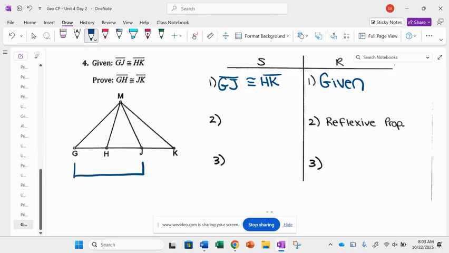So GJ is congruent to HK. Now I'm going to highlight what we want to prove. We want to prove that GH and JK are congruent.